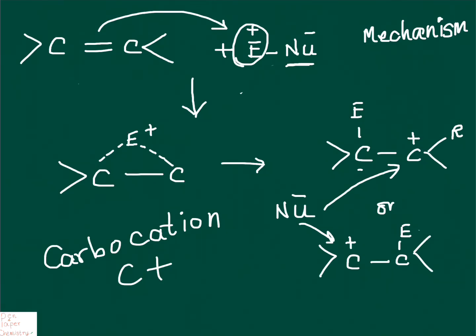That is why these types of reactions are known as, what are they known as? First of all, these are addition reactions because the double bond is changing into a single bond. And what type of addition reactions are they?